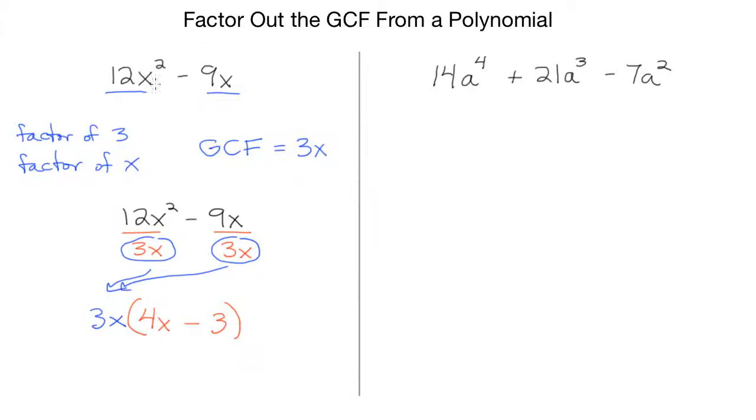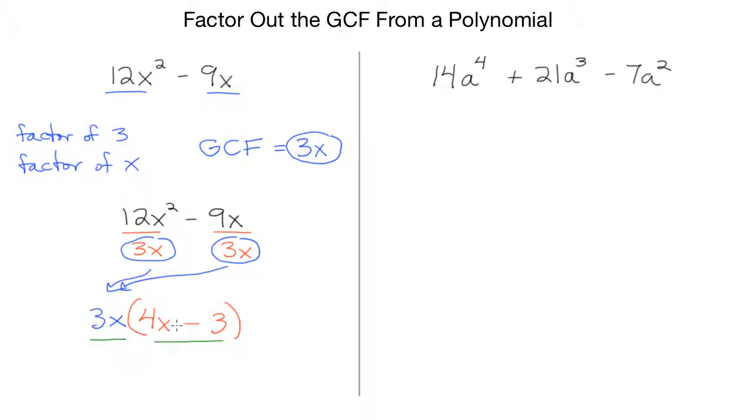I took 12x squared minus 9x as a binomial, found the greatest common factor of 3x, divided it out of both terms and set it in front with parentheses, indicating that that 3 times x used to multiply the 4x minus 3, but I factored it out. So now we have two factors. We have 3x multiplied by 4x minus 3. So we've turned our original binomial into two things multiplied together, which is factoring.